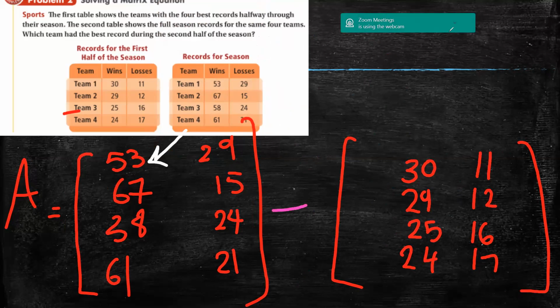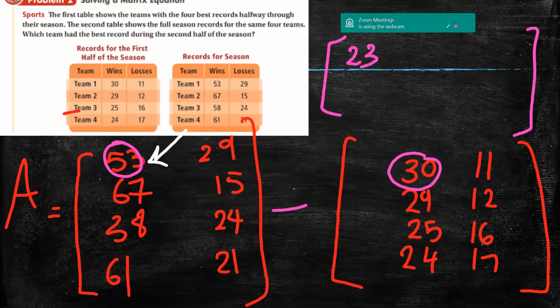After subtracting them from each other, I will get a new matrix. Let's write it here. 53 minus 30 is 23. 29 minus 11 is 18. 67 minus 29 is 36.